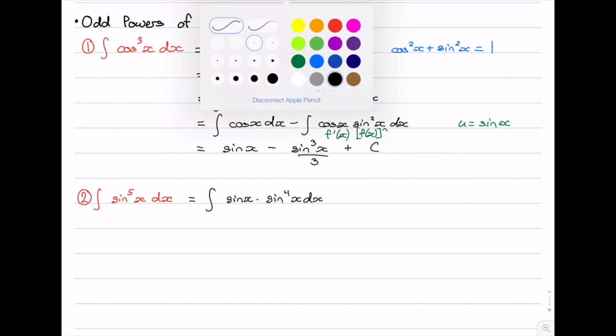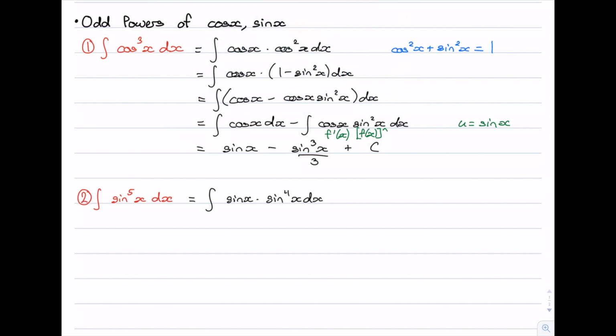Here, we're going to recognize that sine to the power 4 is actually sine squared, squared. That would allow us to use our Pythagorean identity. So this will be sine x times, well, what is sine squared? Sine squared is 1 minus cos squared. And because sine to the power 4 is sine squared squared, this has to be squared.